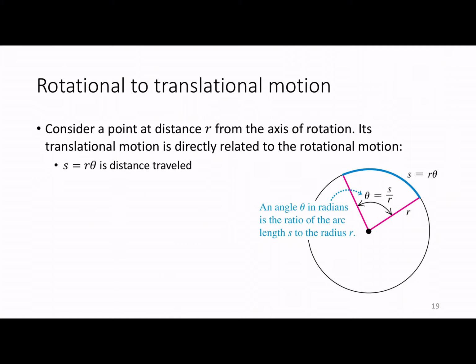And I'm going to specify this motion by theta. So the distance that object moves, let's say Usain Bolt starts here and ends up over here, the distance that he moved is the arc length, s, equal to r times theta. So there's a natural connection in rotational motion between rotation, theta, and distance, translational motion, s.